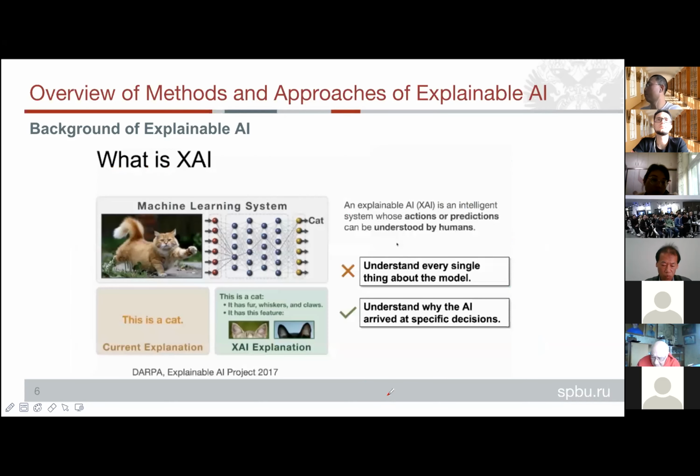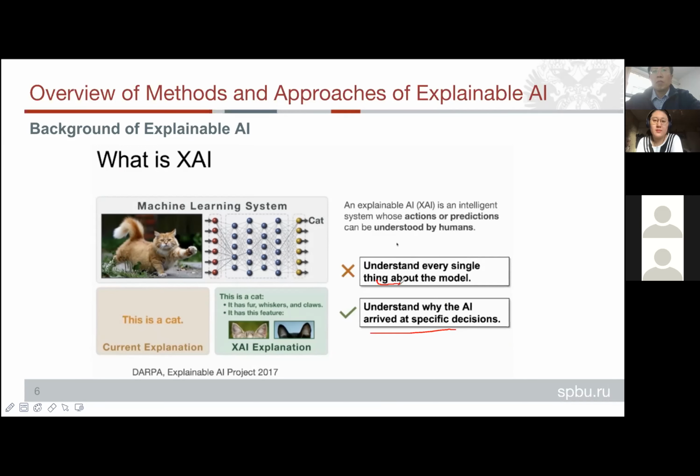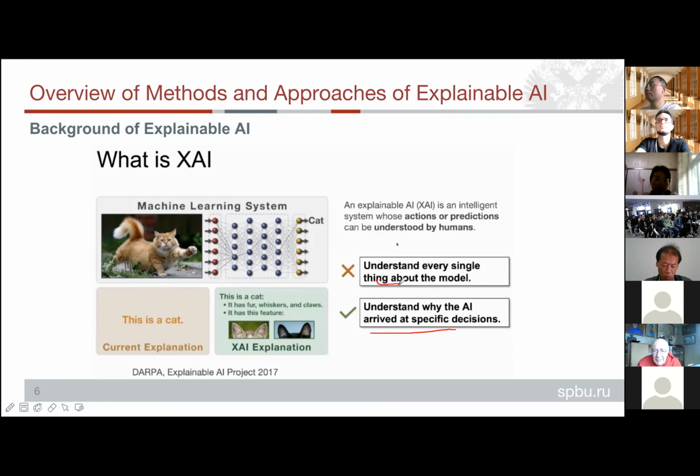So what is explainable AI? Explainable AI is a research field that aims to make AI systems' results more understandable to humans. This is a very important conceptual distinction: explainable AI helps us understand why the AI arrived at specific decisions, and definitely not to understand every single thing about the model, because it is impossible for complex AI systems.